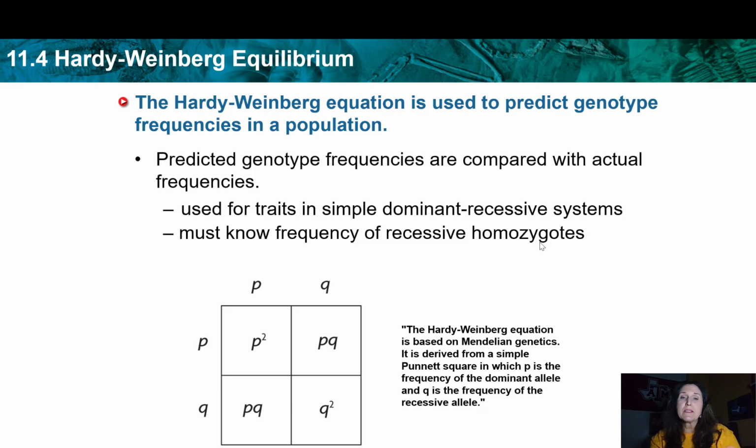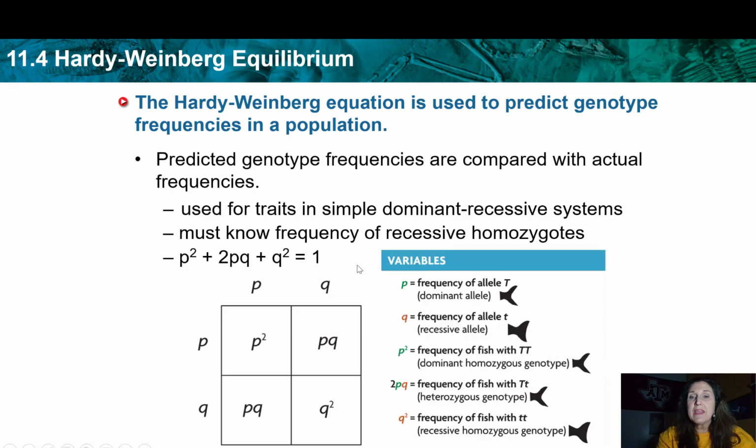Hardy-Weinberg is based on simple Mendelian genetics, that Punnett square that we did, okay? P squared, the frequency of homozygous dominant, plus 2PQ, the heterozygotes, plus Q squared, the homozygous recessive, should equal 1.